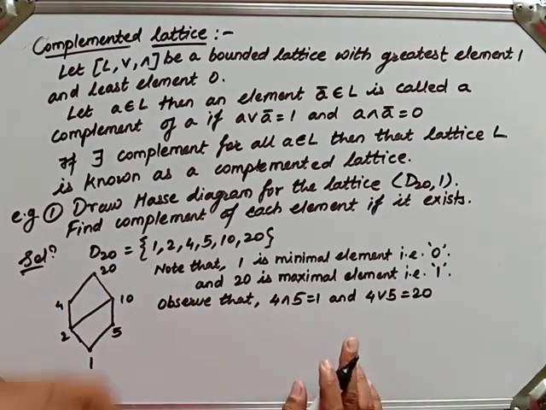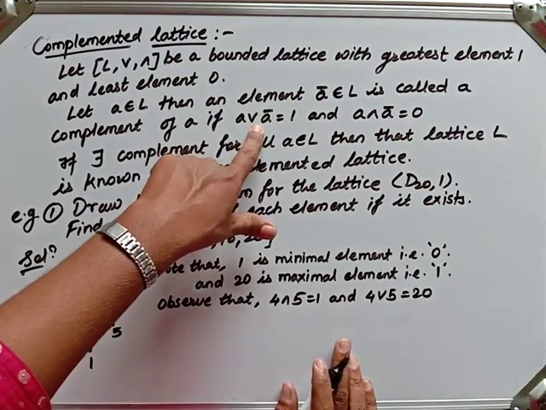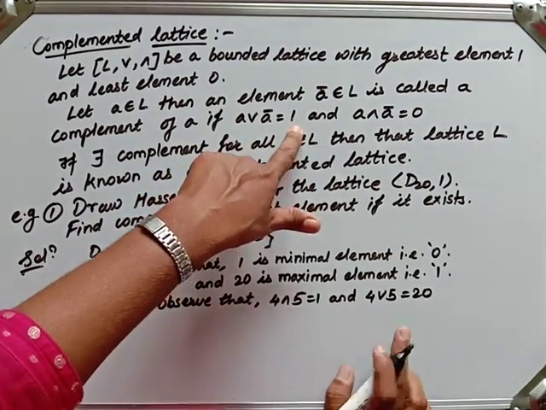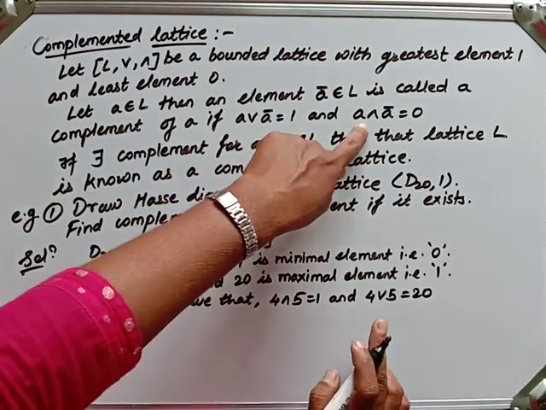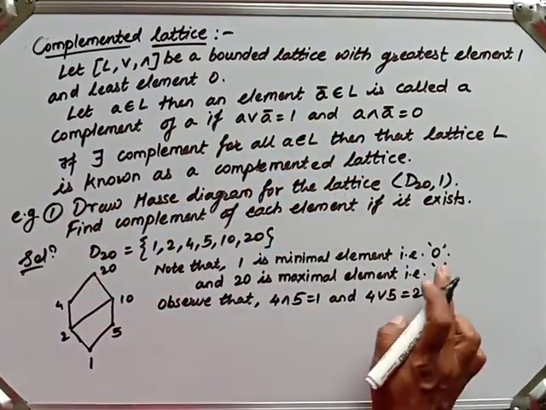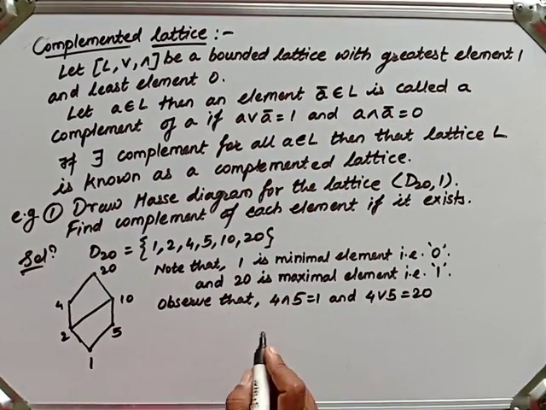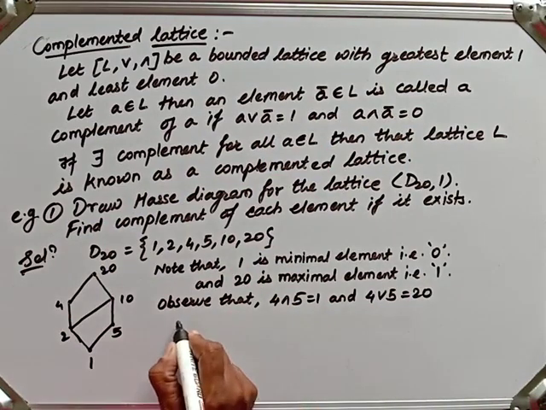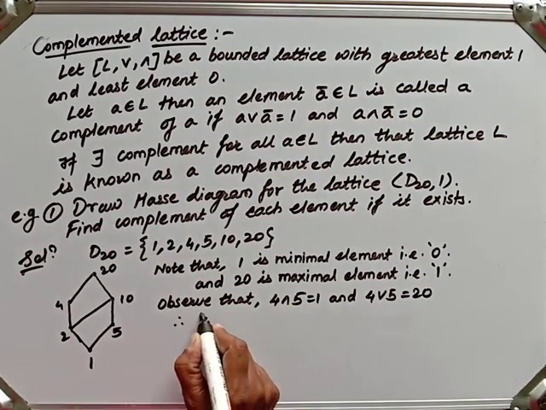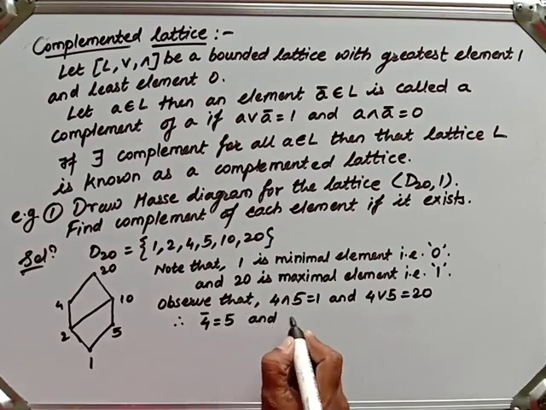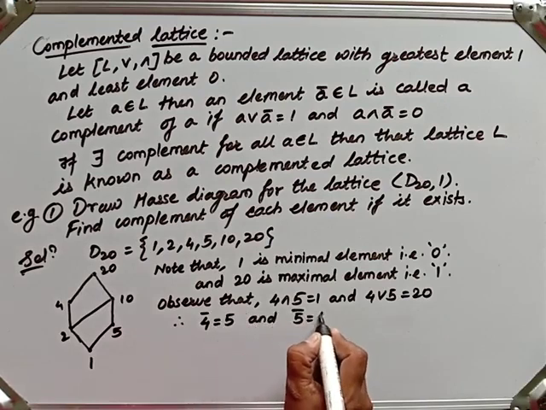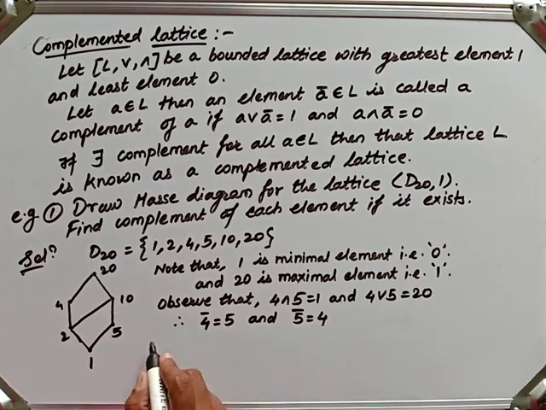So from this, A join A bar will be 1, which is 20 here, and A meet A bar is 0, which is 1 here. Therefore, the complement of 4 is 5 and the complement of 5 is 4.